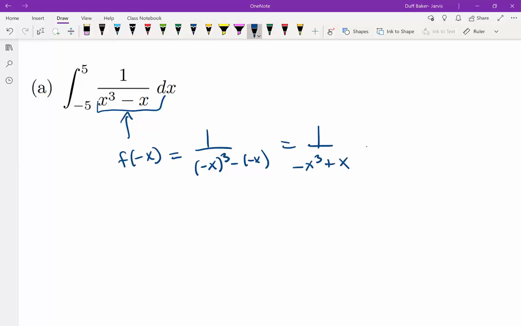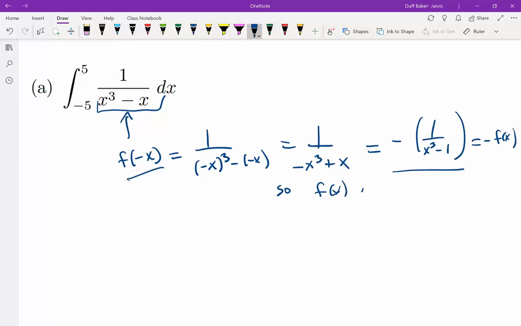If you pull out a negative sign from the bottom, we see that if I plug in minus x, I end up with minus the original. So this means it was odd.